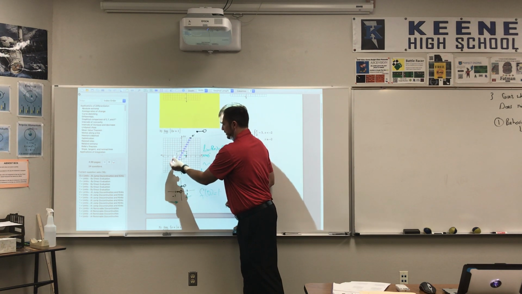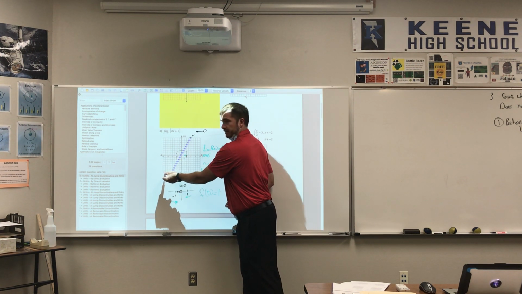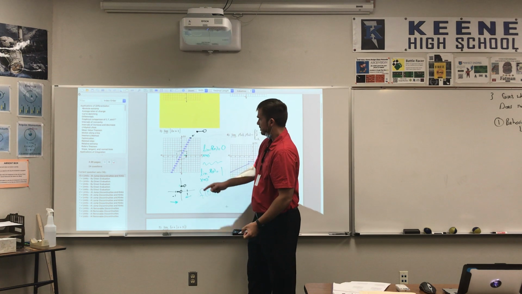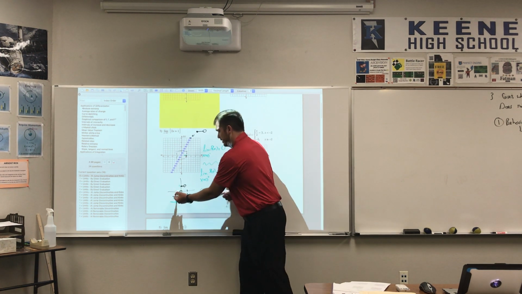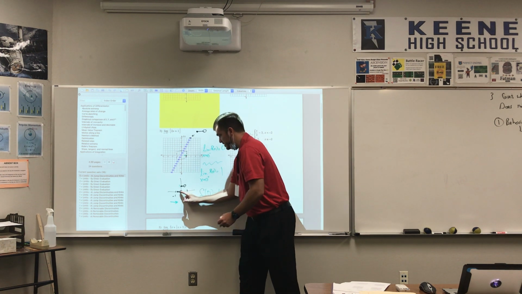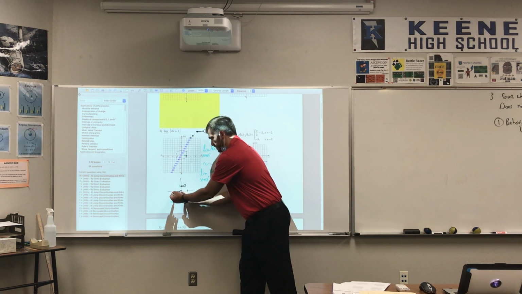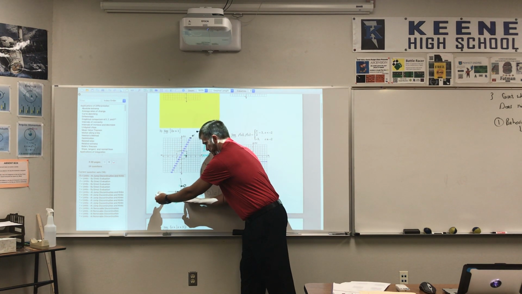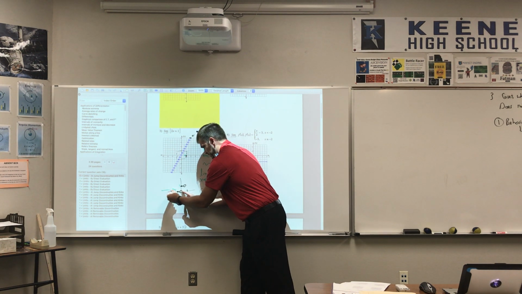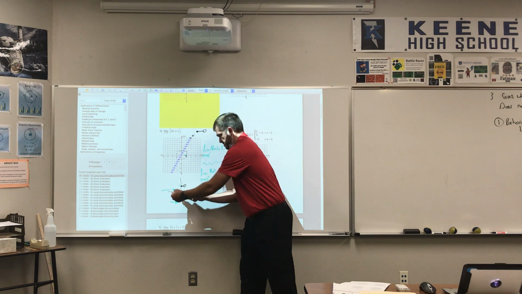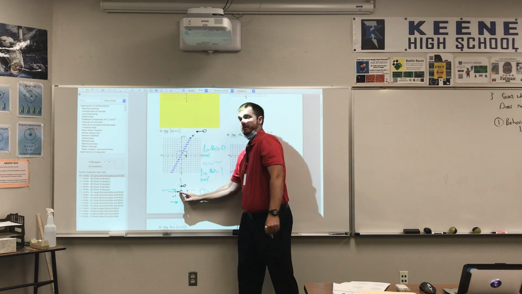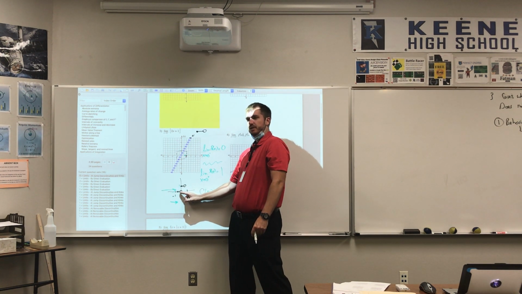These values over here are x values of -3, -4, -5, -6, okay? So when I say approaching 0 from the left, so here's 0, from the left means I'm coming at it this way, and that means this is where the graph is. I don't know if there's any other way that I could put it.